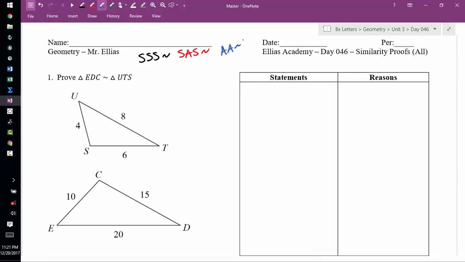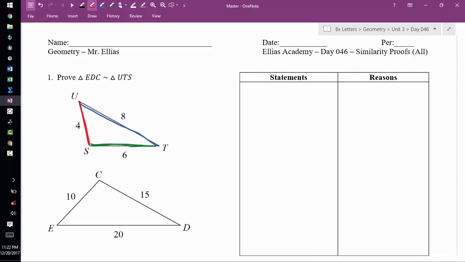But let's take a look at problem 1 and do a little bit of review here. The first set of problems, I think first for just kind of review, practicing what we already know. So here they want us to show triangles are similar, and they give us side information. So I see I have 3 sides, and I'm just going to take this information, look at it, and organize my thoughts.